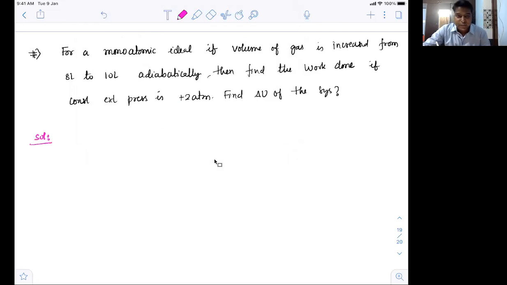As long as the volume change is given, does it matter whether it is an adiabatic or isothermal? Because for volume change, it is a very generic formula, right? For any work done, it is minus P external into dV from V1 to V2. This is the general form. And if it is given constant external pressure or reversibility mentioned nahi hai, so it has to be irreversible. Whenever reversibility is not mentioned, you will always take it as irreversible. ये मैंने पहले बताया आपको. So it is irreversible, which means it is minus P external into V2 minus V1.